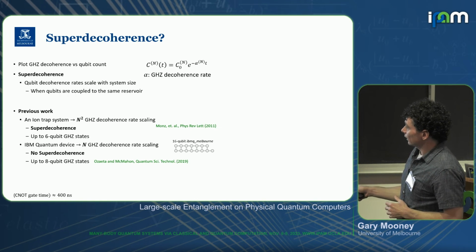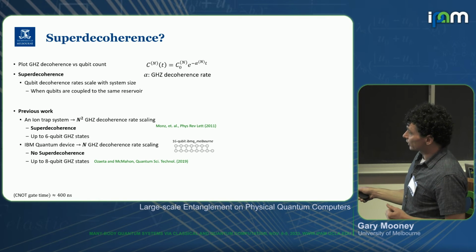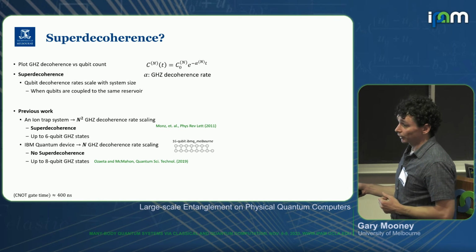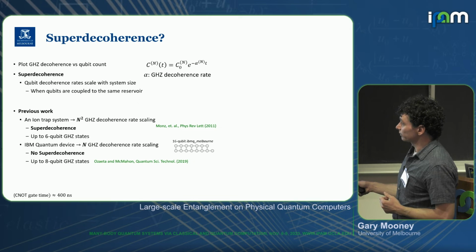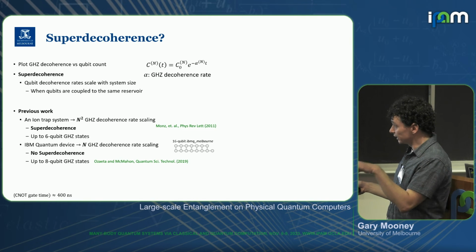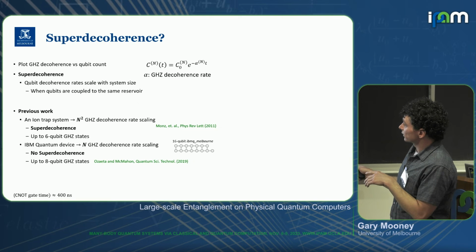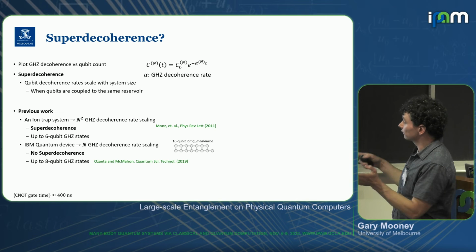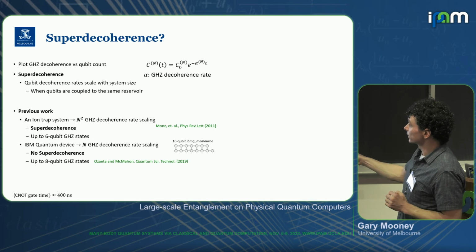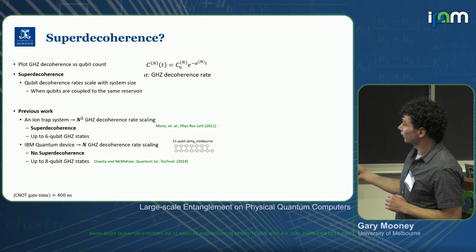Previously, there was a study done for an ion trap system that showed super decoherence in their device, which means that the GHZ decoherence time scales as n squared. This is how it is calculated, by the way. We just fit the data over time, and alpha is the decoherence rate.